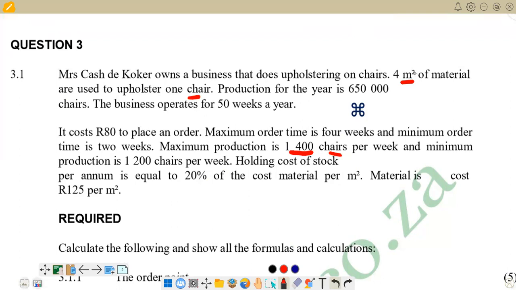So for one chair, we've got 4 meters squared. So what about for 1,400? We are going to say 1,400, then you multiply by 4 to get the total maximum usage. If you multiply the two, you are going to get 5,600. So here it's going to be 5,600 meter squared. So this is going to be our maximum usage. And then we can just go there and put that one as our maximum usage.